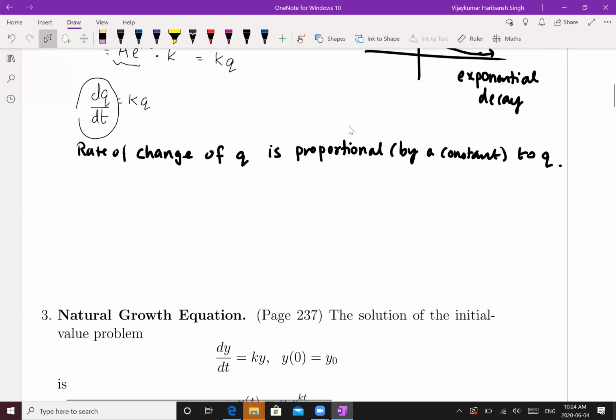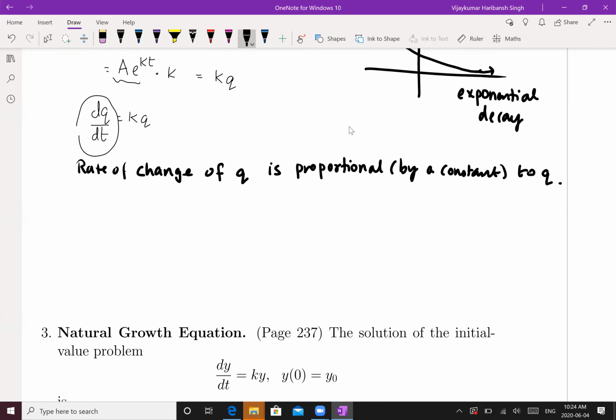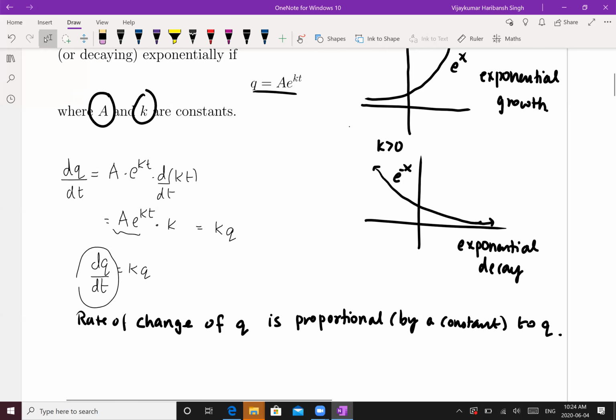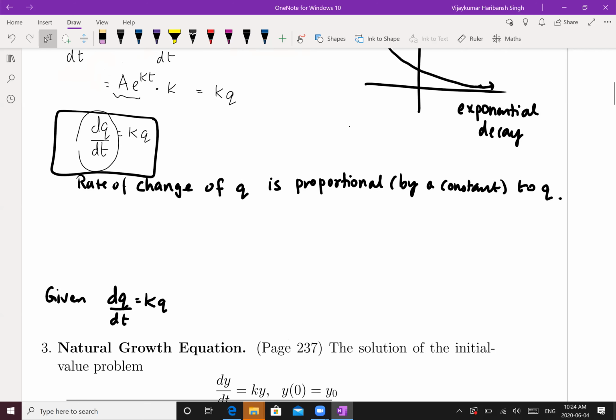Now if you're given it the other way around, if you're given say dq by dt equals kq, you can go the other way too. You can go back and say, if you're given this, what is the solution? What is q? q will be a e to the power kt.